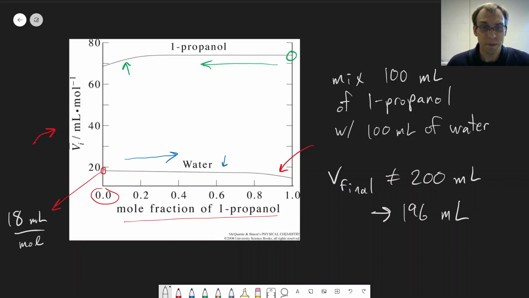But for mixtures, these values are not consistent, right? These values are not one specific value, but it's something that you have to determine based on the exact mixture that you have. And that can lead to interesting things, like your final volume can be less than the volume you expect from just mixing two of these things together. So this applies just as much, we're talking about volumes here, partial molar volumes.